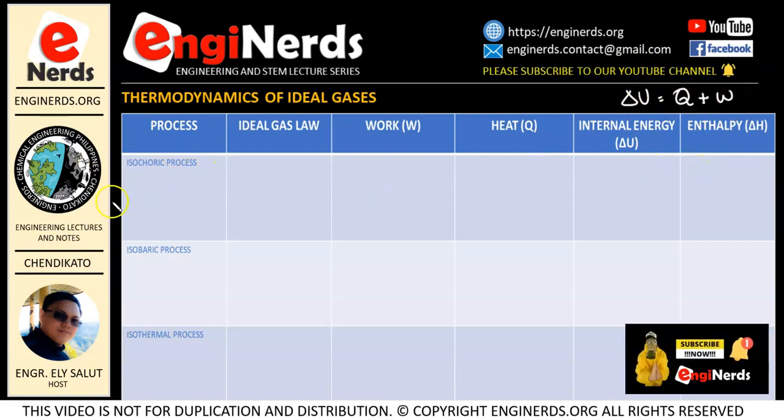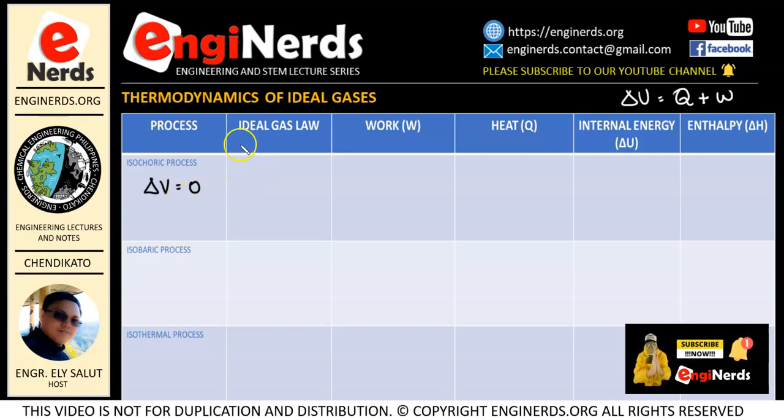So let us start with the isochoric process. When we are working with an isochoric process, this actually means that we are working in a constant volume process. So that means our change in volume is equal to 0, because we are operating in a constant volume process. So that is what isochoric process means: constant volume process.